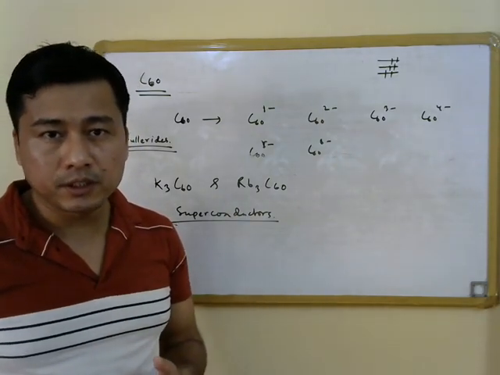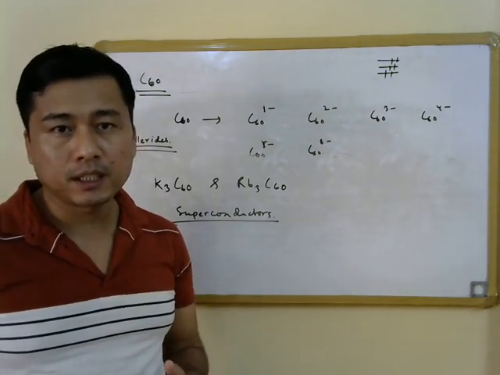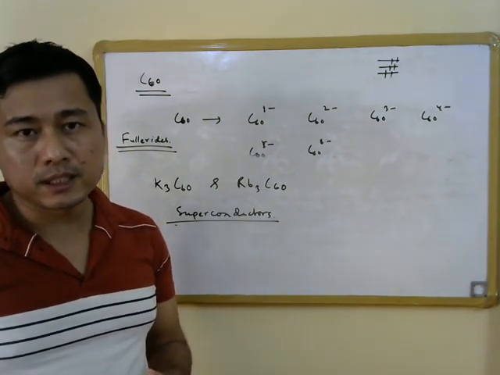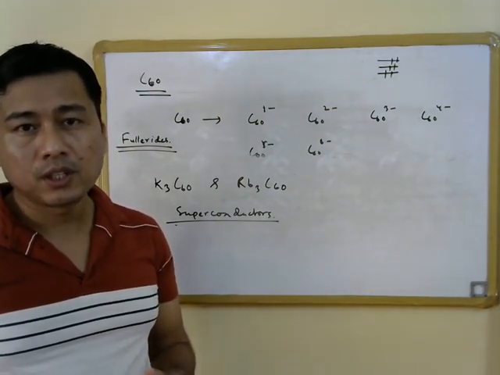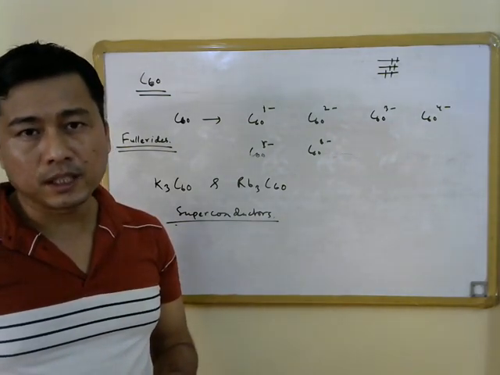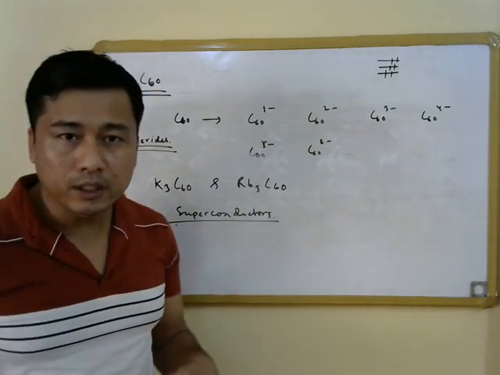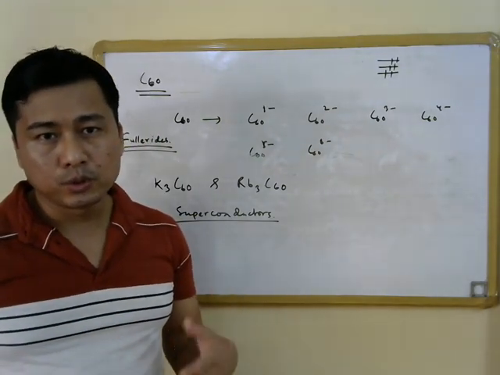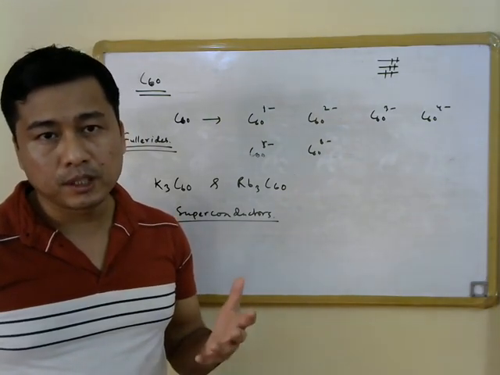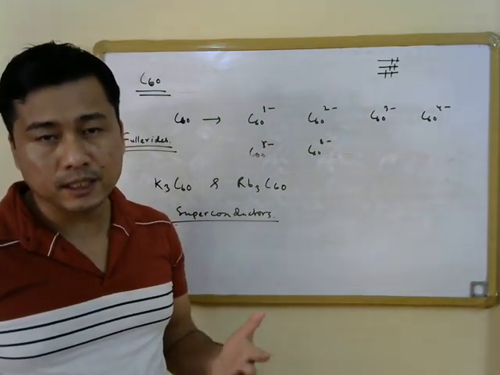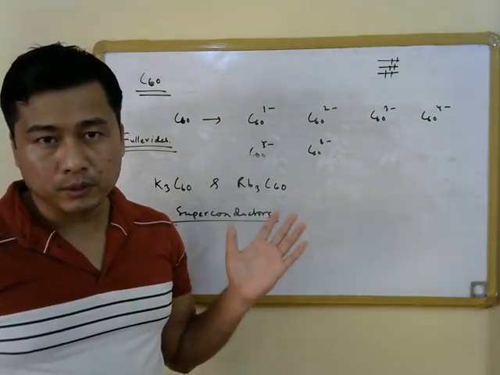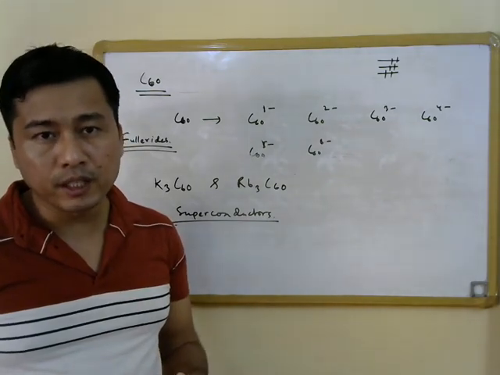We have seen that it shows typical reactions shown by olefins, so that it can be hydrogenated under reducing conditions, and one can make polyhydrofullerenes. It can also be oxidized by elemental fluorine, giving perfluorofullerenes, that is C60F60, which can be prepared by reacting C60 with fluorine at 70 degrees Celsius for several days.